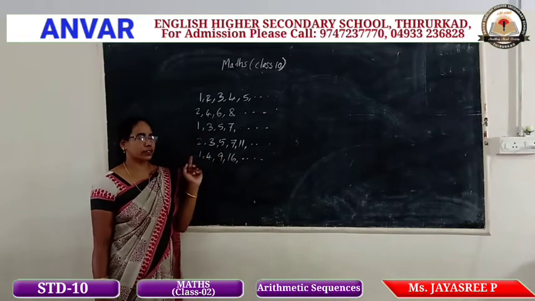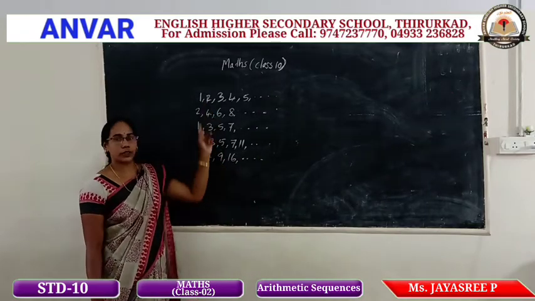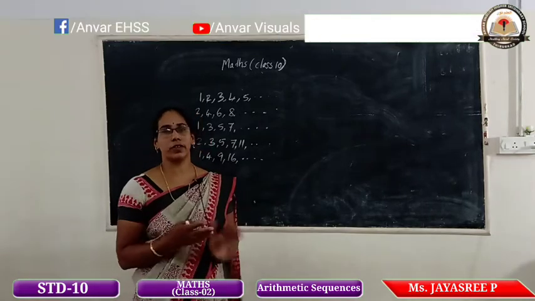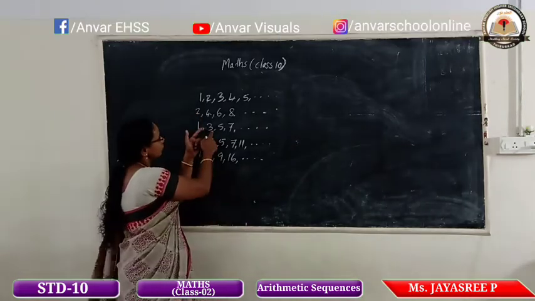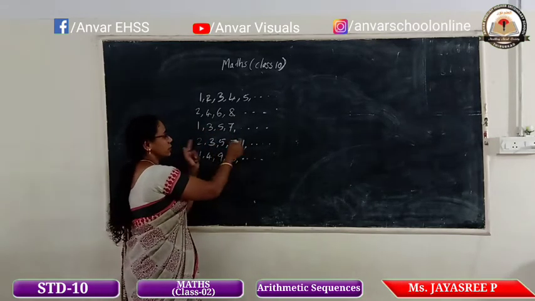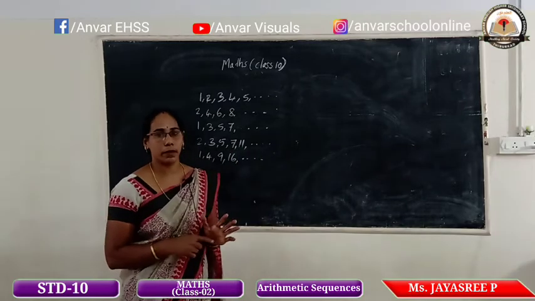So what is the difference? In these three sequences, each term is obtained by adding the same number to the previous number. But in this sequence, each term is not obtained by adding the same number.